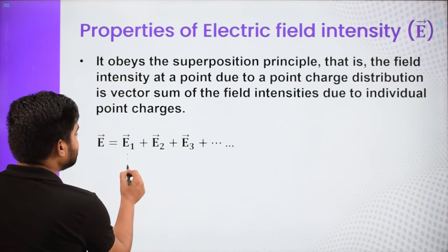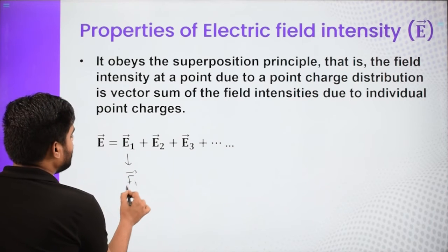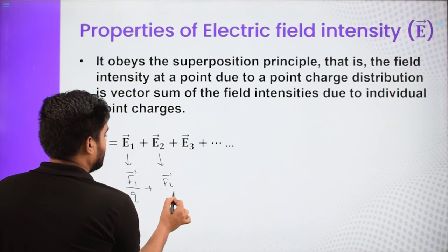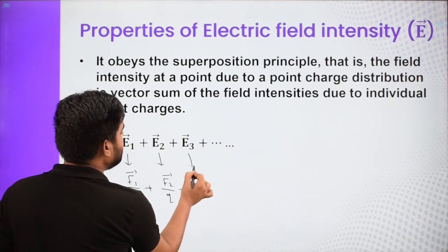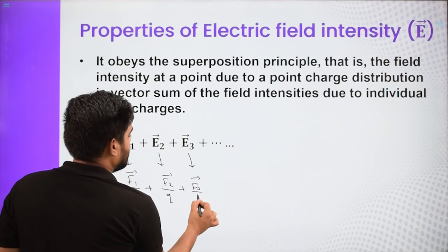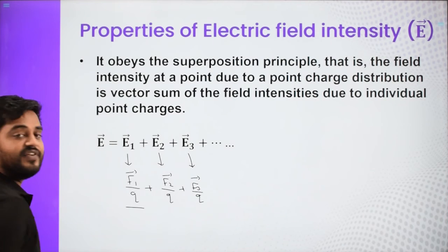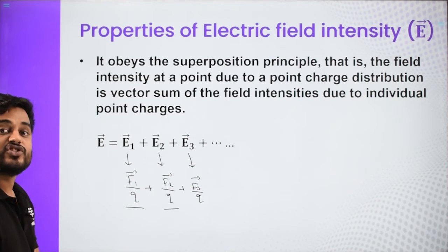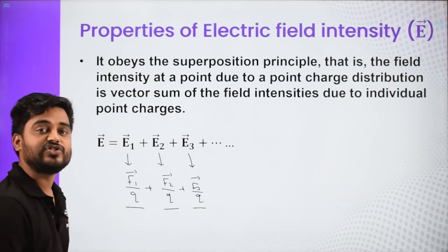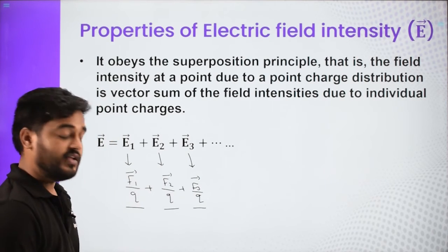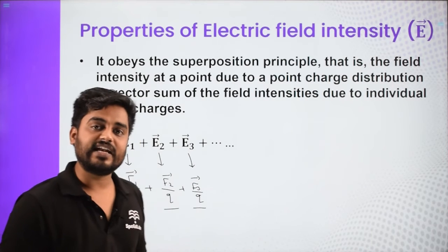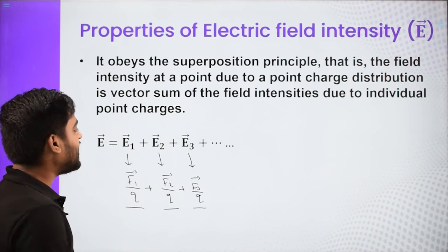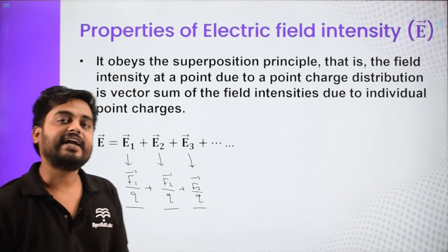So we will say this is nothing but F1 by Q, this is nothing but F2 by Q, this is nothing but F3 by Q. So this is electric field intensity due to charge 1, this is electric field intensity due to charge 2, this is electric field intensity due to charge 3. And if there is more than one charge present, at any point we can get electric field intensity due to each, and then we can do vector addition to get the net amount of electric field intensity.